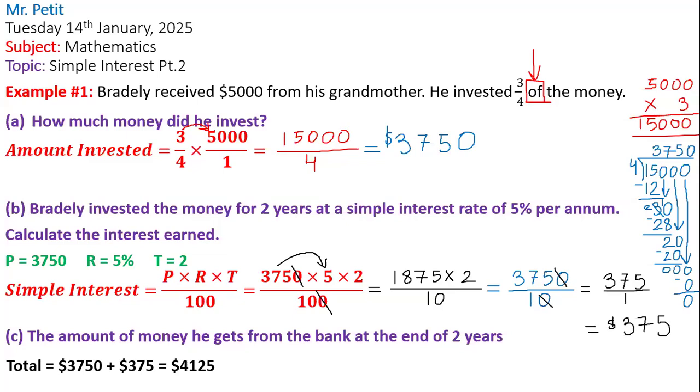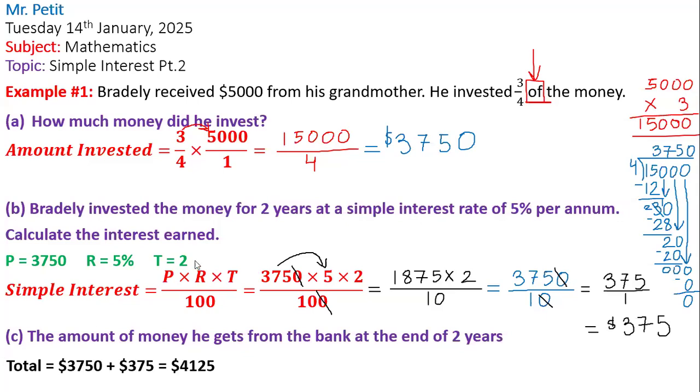Good. So the principal is the amount invested. What is the amount invested in this case? 3,750. Very good. And R, what is the rate? 5%. Very good. And what is T? T is time.